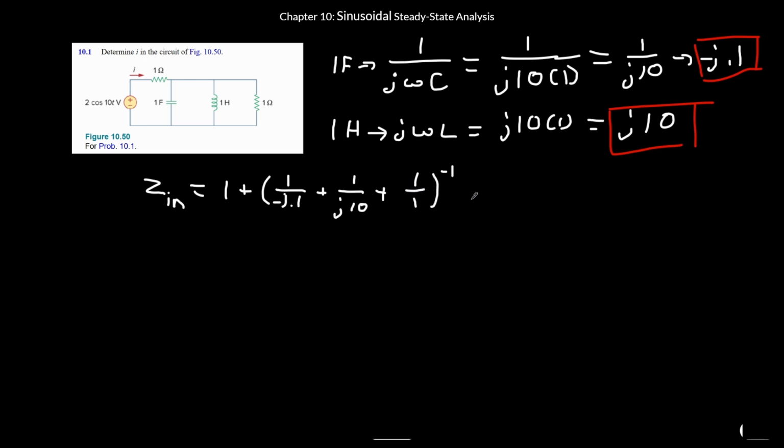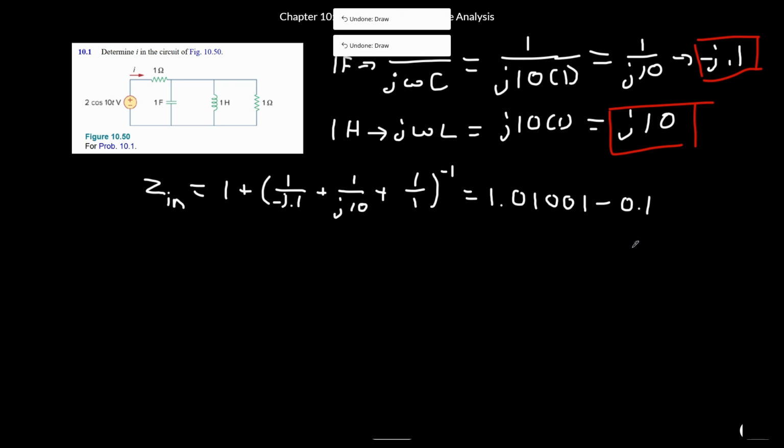This would be a pain to calculate by hand, so we will just type this into the calculator, and as long as my calculator isn't broken, the answer should be 1.01 minus 0.1 J.